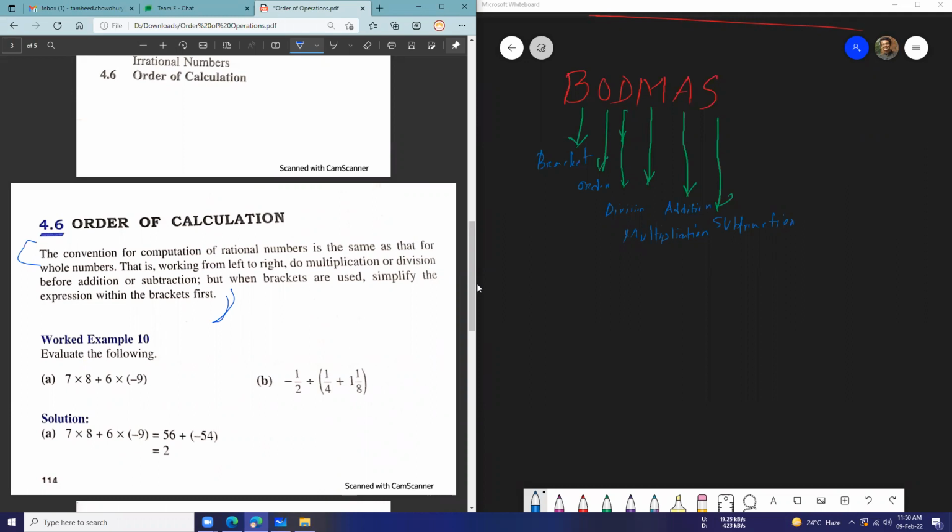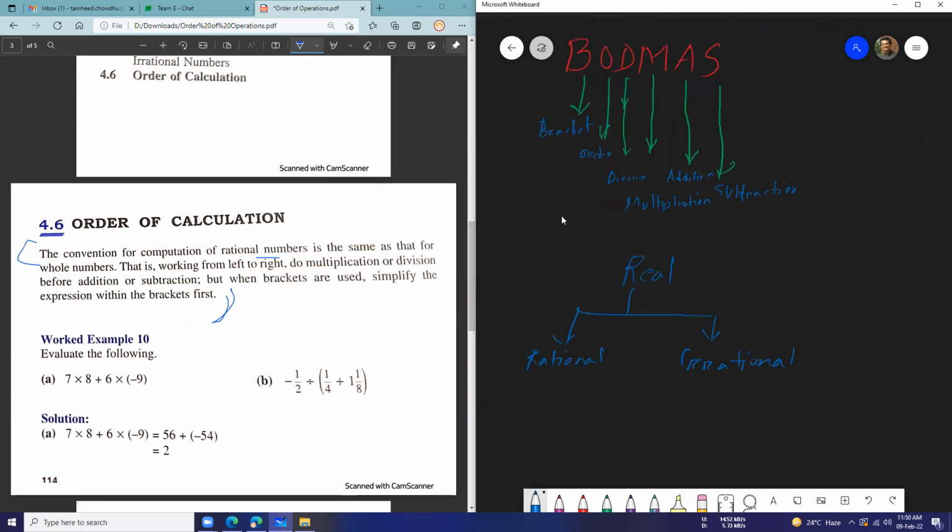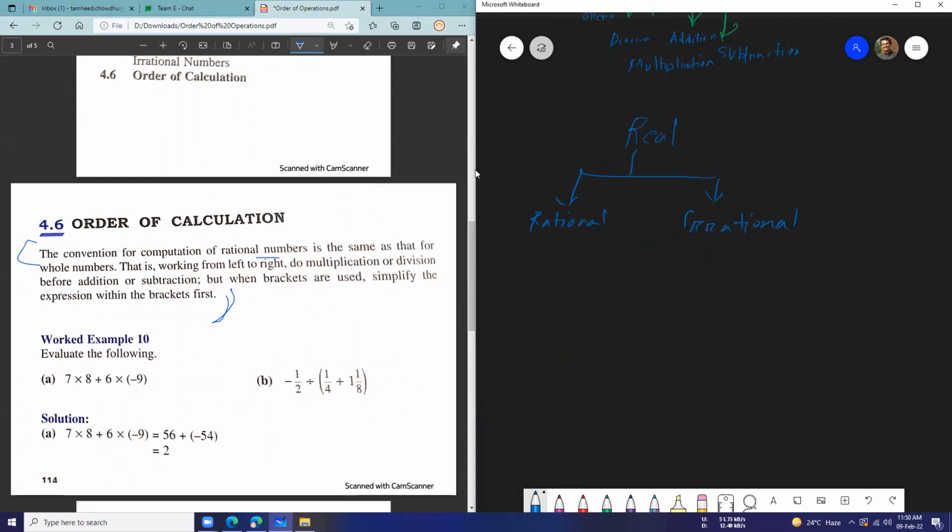So the concept says that the convention for computation of rational numbers. What do you know about rational numbers? We know about rational numbers from real numbers, right? Rational and irrational. Can you give me some examples of rational numbers, Ruxana?